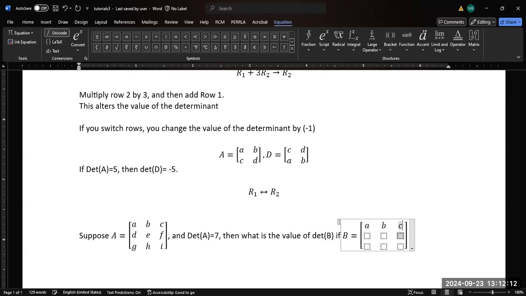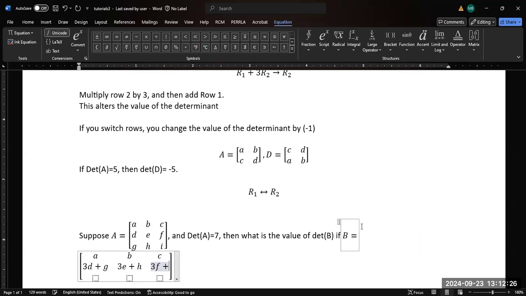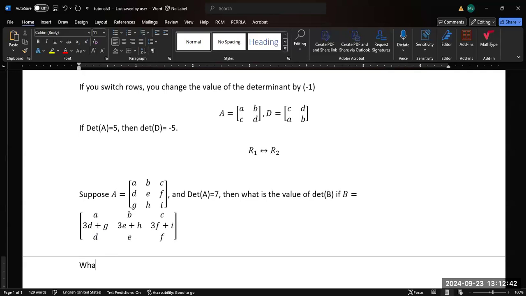So A, B, C, 3D plus G, 3E plus H, 3F plus I, and D, E, F. So the question then would be, what row operations were used to obtain this matrix?